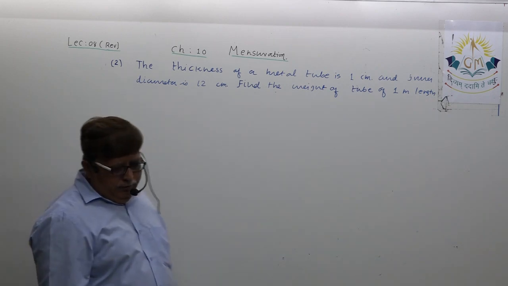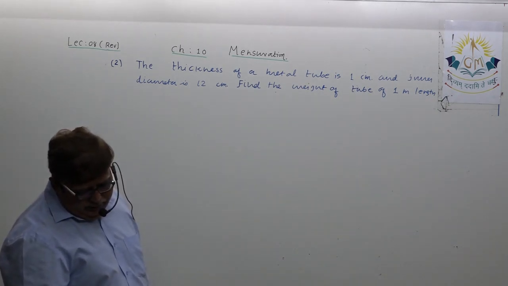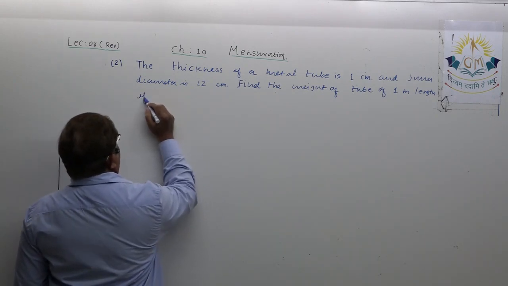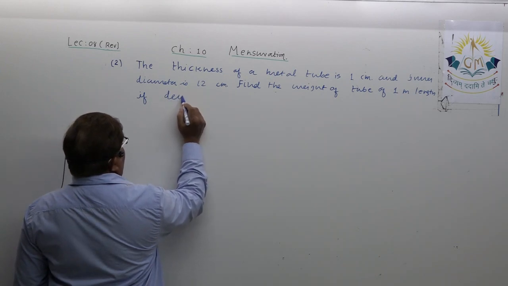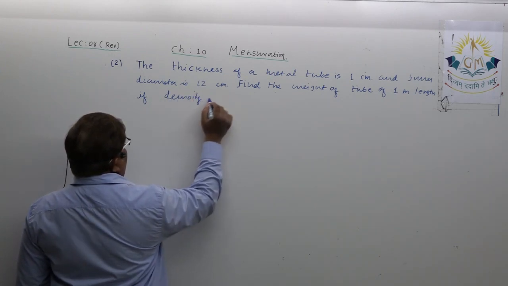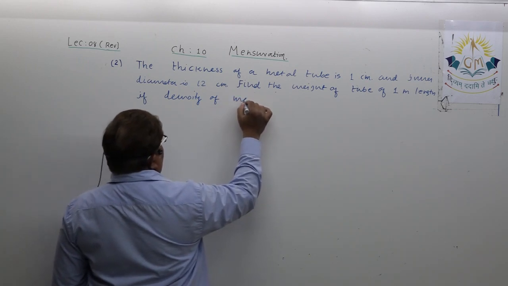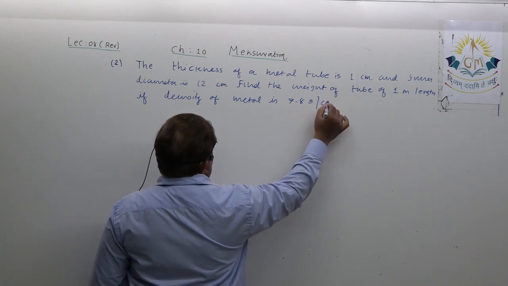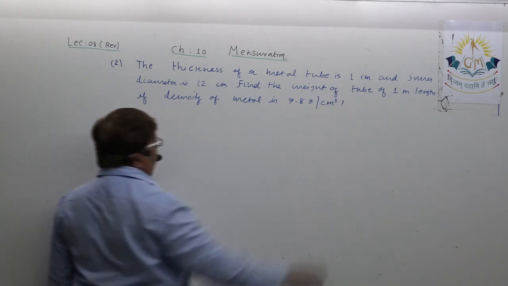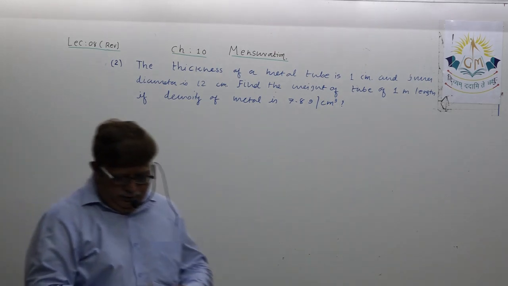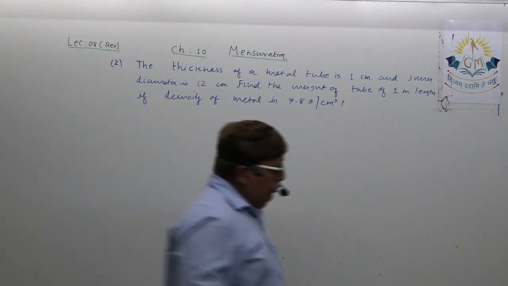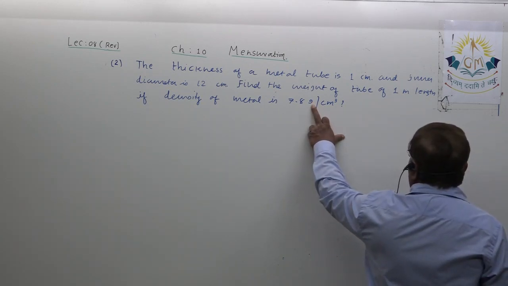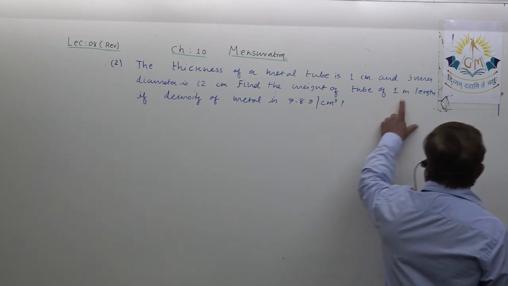Find the weight of the tube of 1 meter length if the density of the metal is 7.8 gram per cubic centimeter. Note down the data, dear student. This is not 9, this is gram per cubic centimeter.